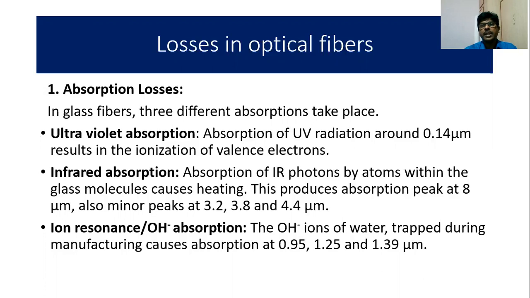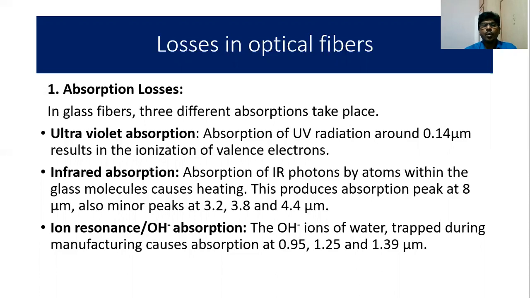That is, the electrons will jump from the valence band to the conduction band. Infrared absorption: absorption of IR photons by atoms within the glass molecule causes heating. This produces absorption peaks at 8 micrometer, also minor peaks at 3.2, 3.8 and 4.4 micrometer.